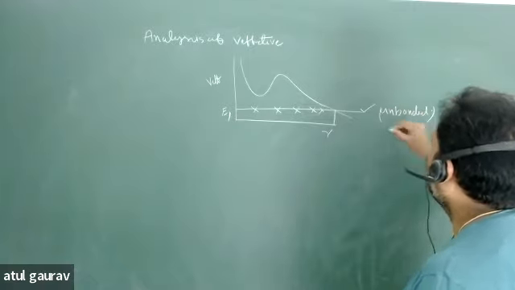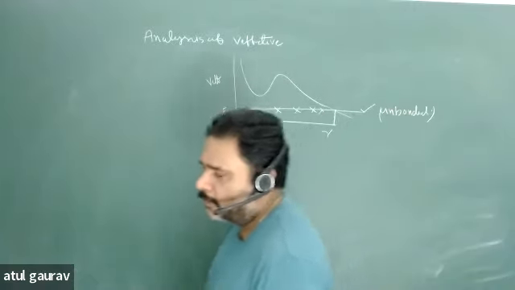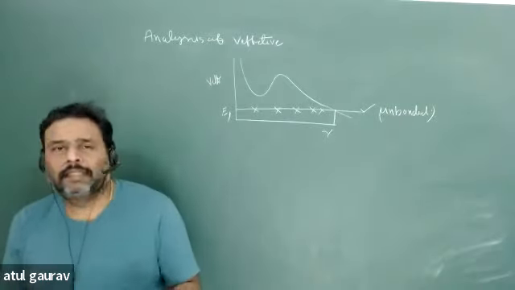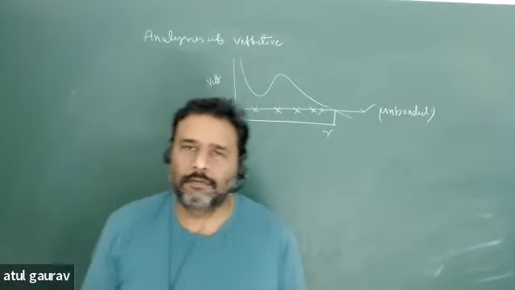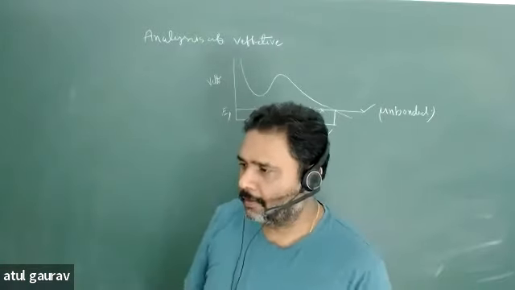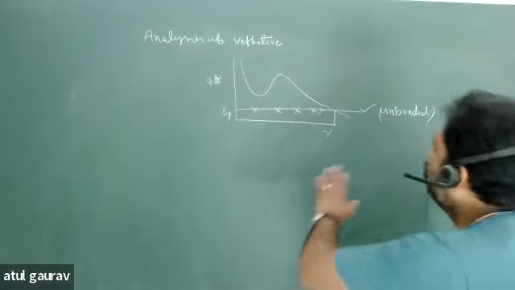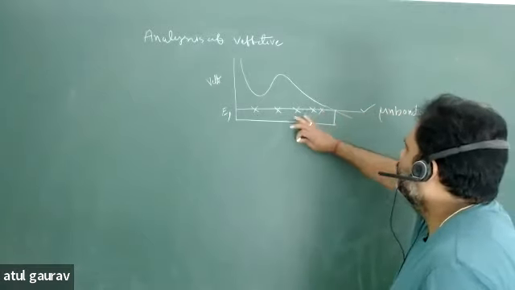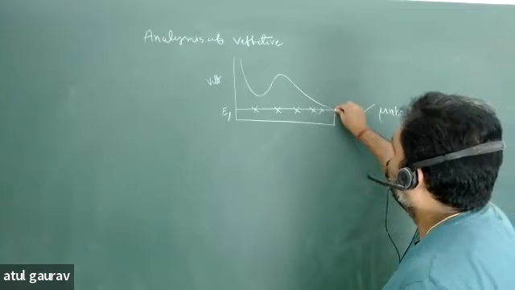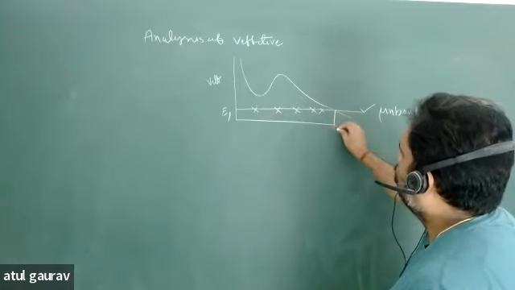So if it is unbounded, which kind of orbit can you have? Either parabolic or hyperbolic, isn't it? These are unbounded orbits. Now, if this kind of situation is there, let us assume this is your turning point for this particular energy E1.